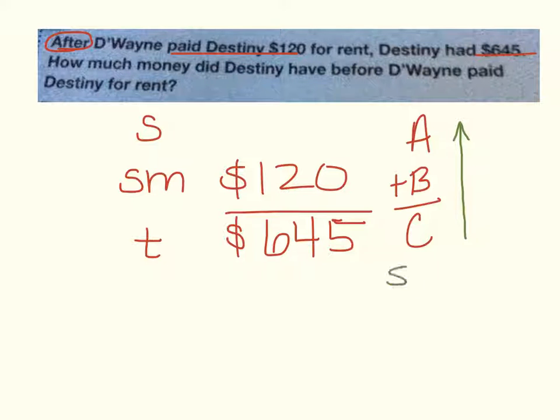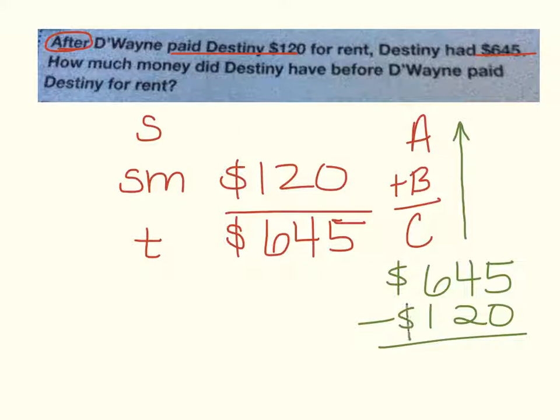So you would actually say 645 minus 120 equals: 5 minus 0 is 5, 4 minus 2 is 2, 6 minus 1 is 5.